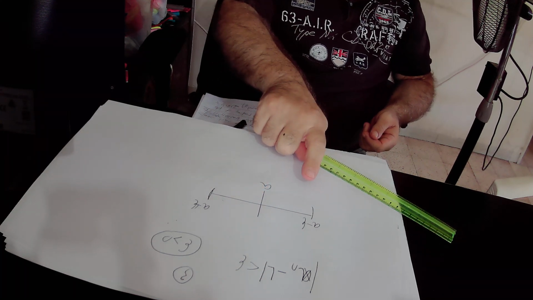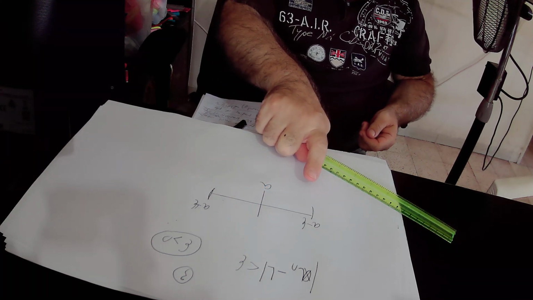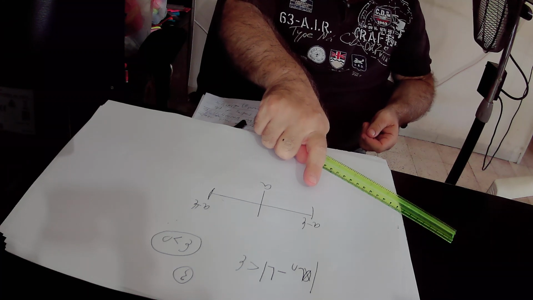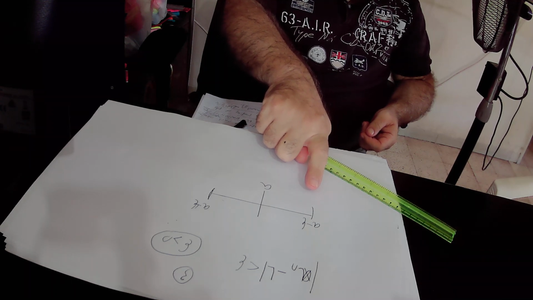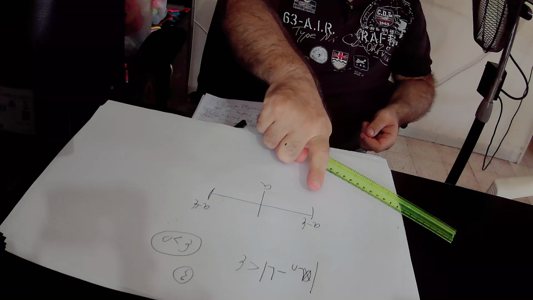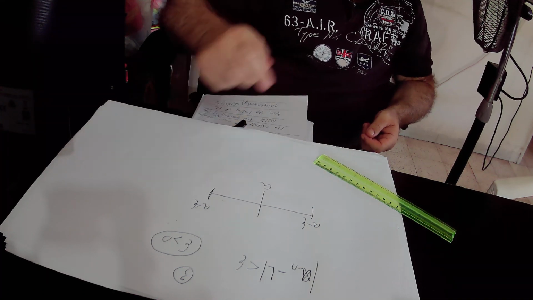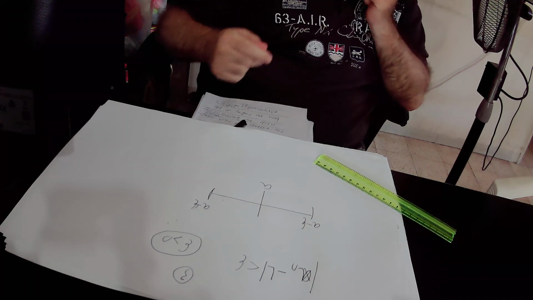That is to say, most of the members of the sequence must be located in the brackets that are starting from A minus epsilon until A plus epsilon. Okay?